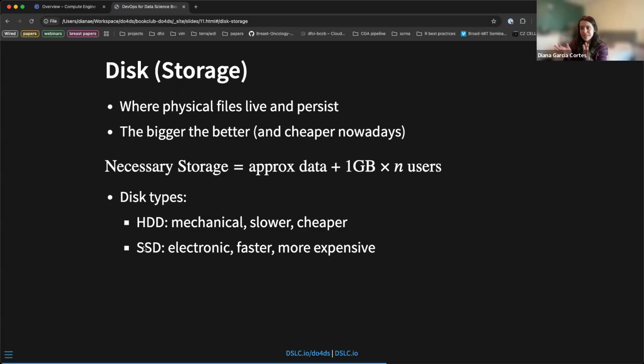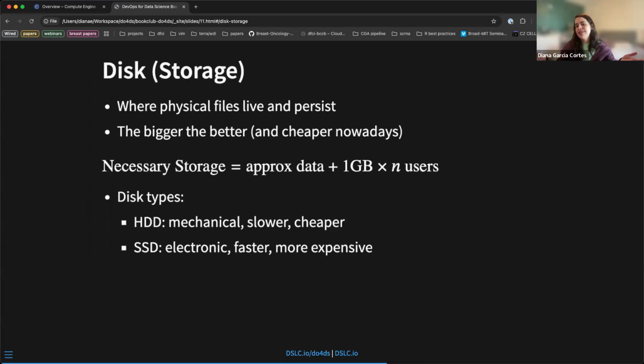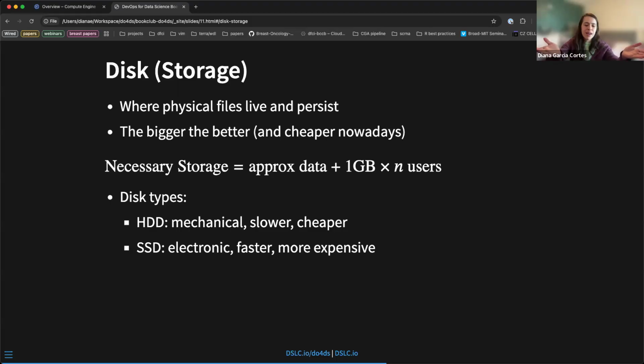So sometimes the storage type actually matters. It's a very small tweak that we can do in our workflows to actually improve them. But it doesn't matter if we have a physical machine, because then we're set up with what it has.